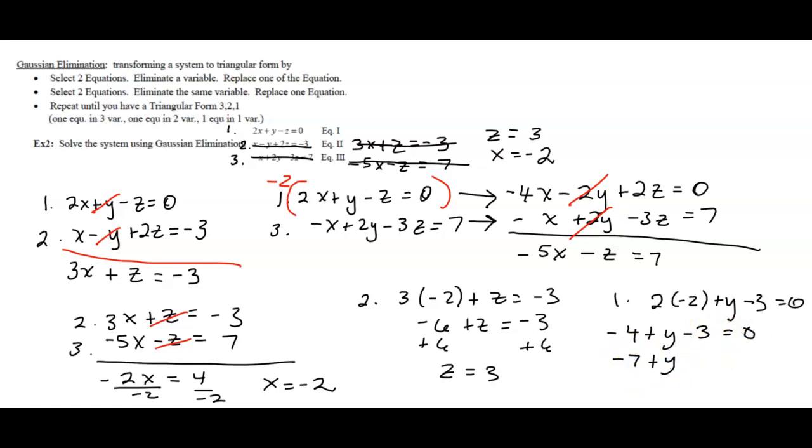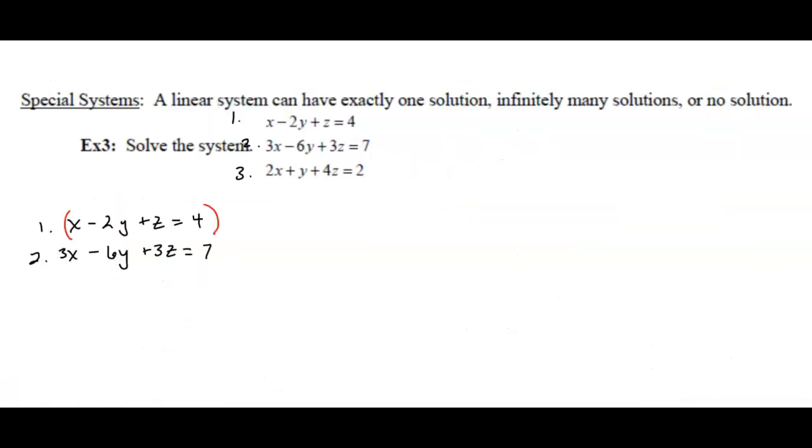Negative 7 plus y is equal to 0, so y is equal to positive 7. So now I'll cross off equation 1 and write y is equal to 7. So my ordered triple is negative 2, 7, and 3, and now I'm done with example number 2.